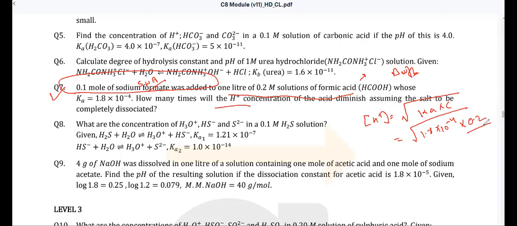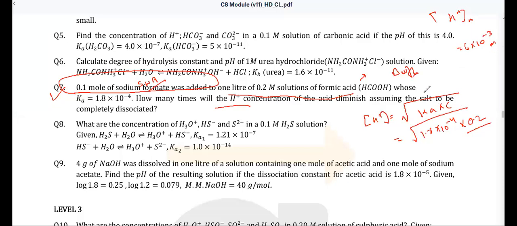Yes or no? Initial H plus, because the question is how many times it will diminish after salt is added. So this is H plus initial. 1.8 into 0.2 is 0.36, so this will be 6 into 10 power minus 3.